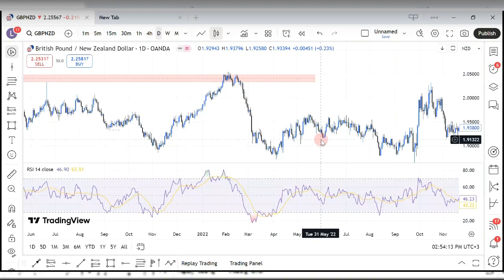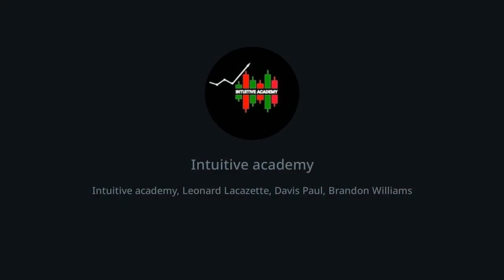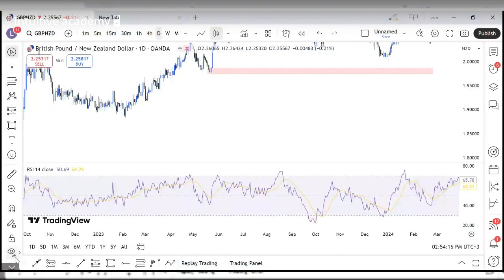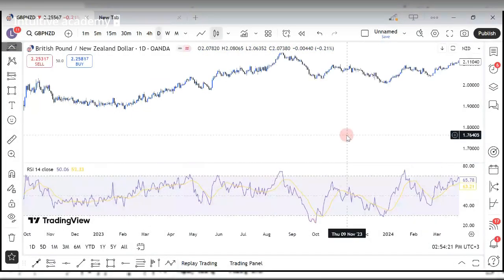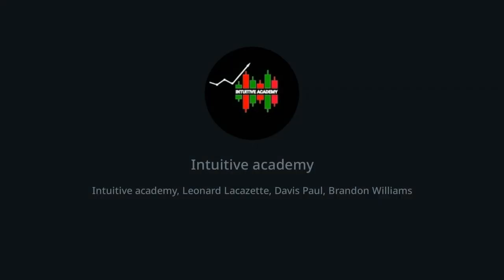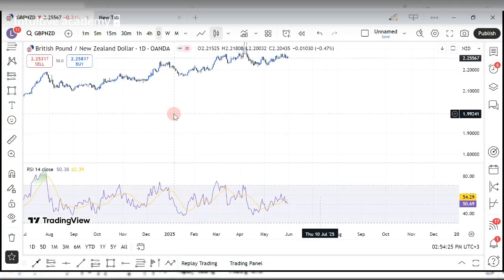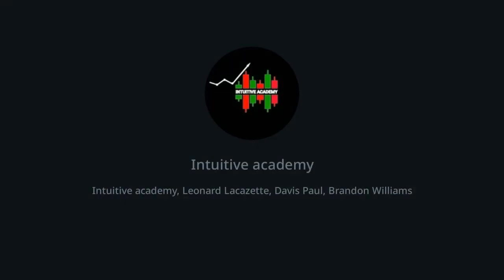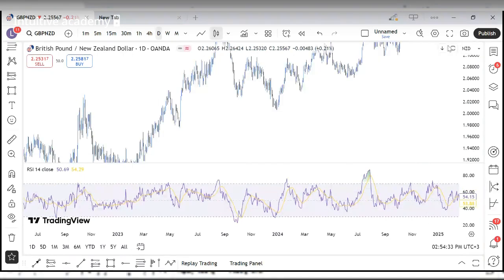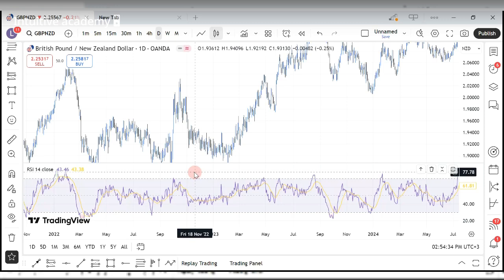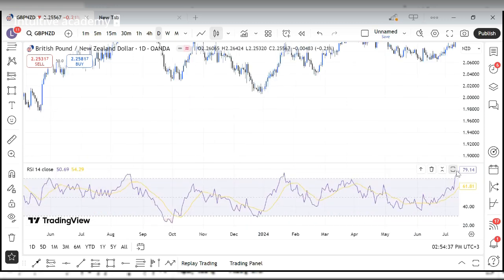Now, another interesting part about the RSI indicator that I want to share with you guys is that the RSI can be used to determine trend reversal and trend continuation. This might seem quite confusing, but it's true. Let me give you an example of how it works and how to use it. So let me first disappear this.